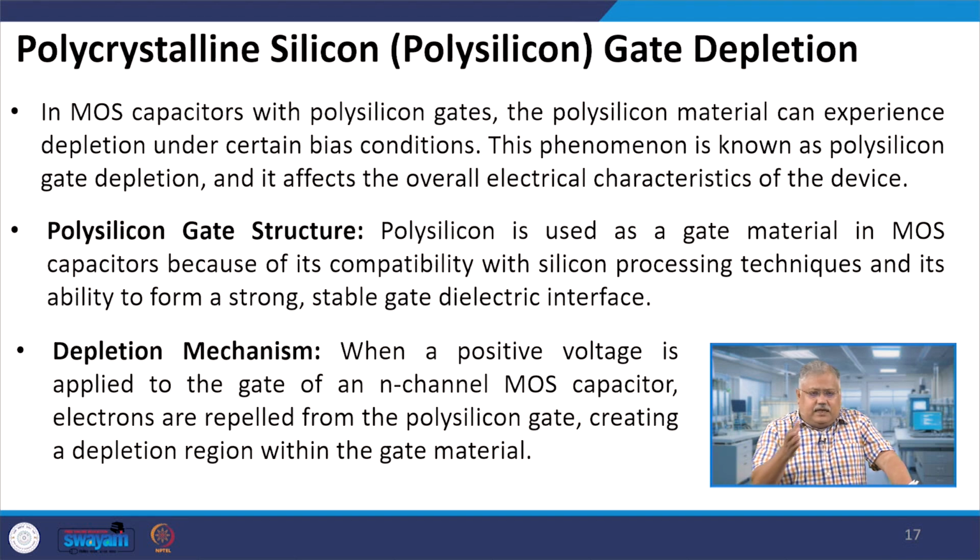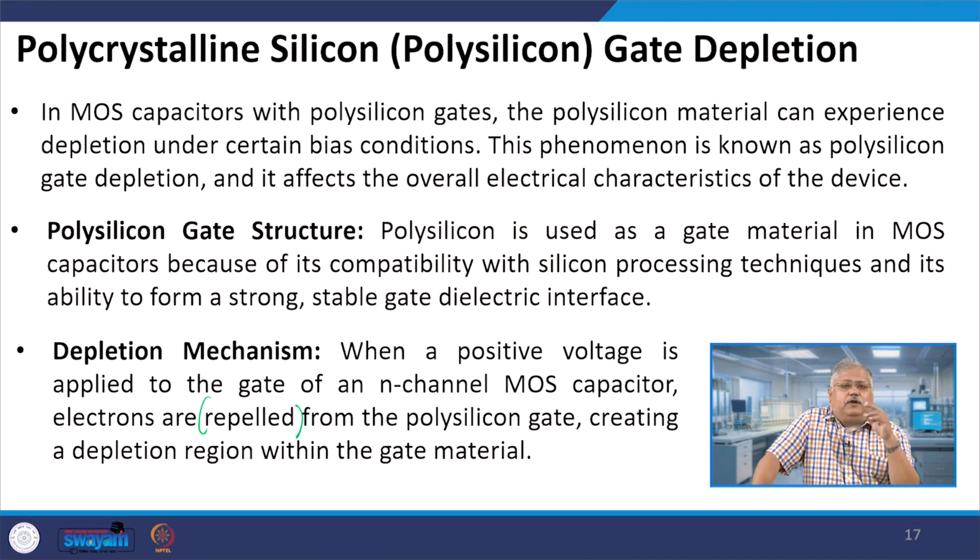So, that is what is written in the last part of the statement, that when a positive voltage is applied to the gate of an n channel MOS capacitor, the electrons from the polysilicon gate will be repelled away if you are applying a positive gate bias. They will be attracted, I am extremely sorry. So, they will be attracted here, and they will be creating a depletion region within the gate material, right.